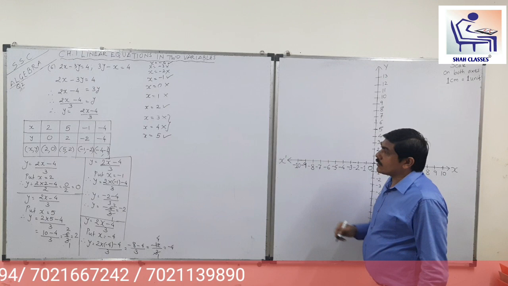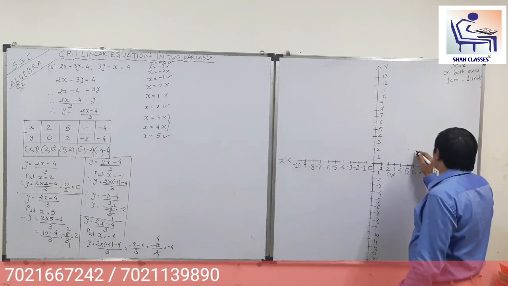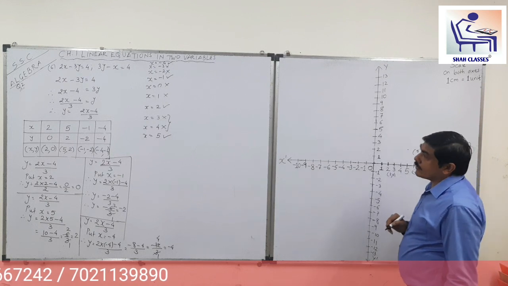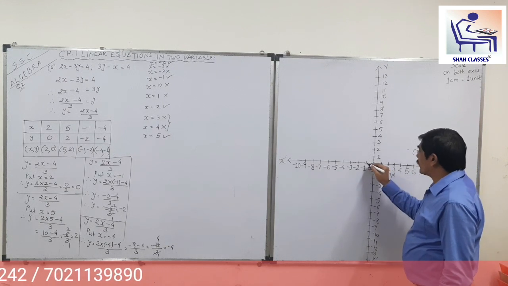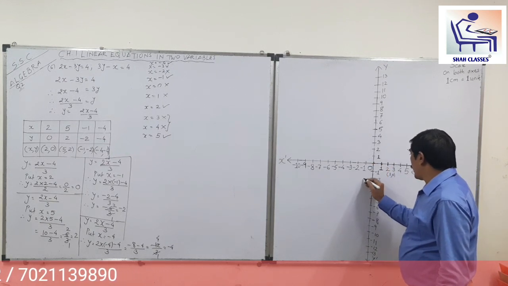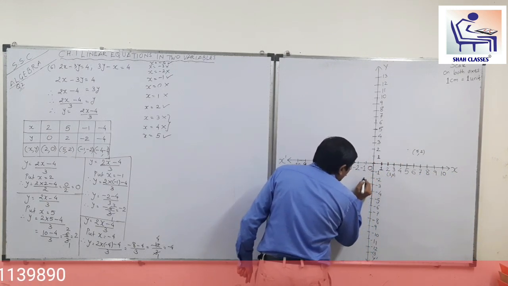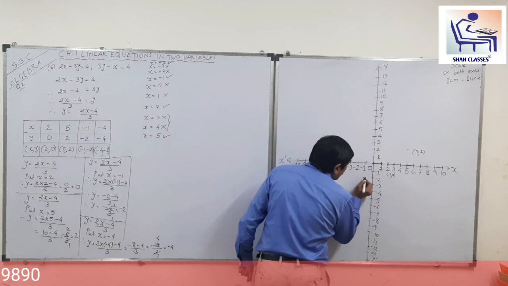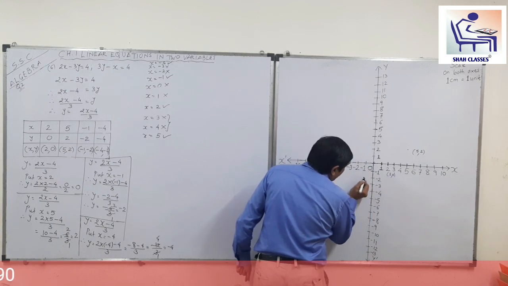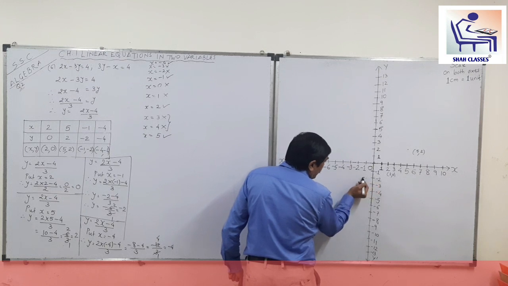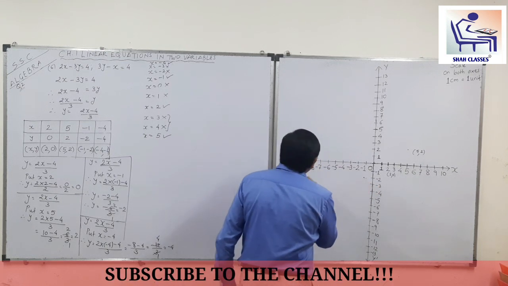The third point is minus 1, minus 2. So minus 1 on the x-axis and on y-axis minus 2.